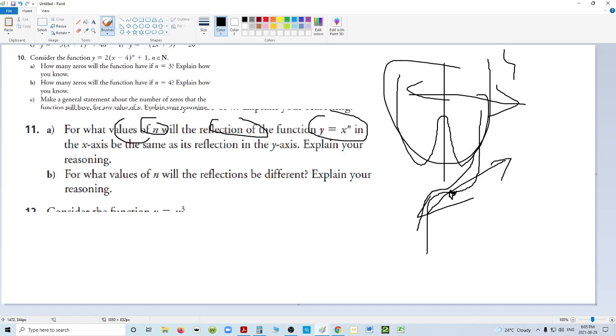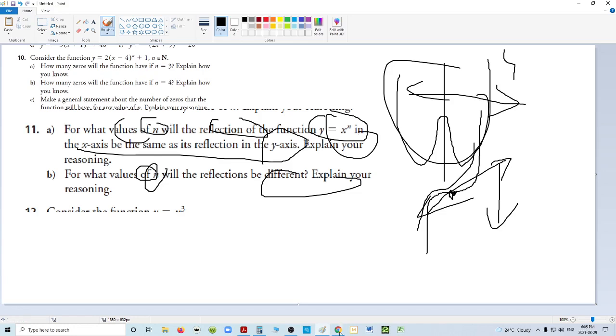If it's odd, a reflection in the y-axis will never be the same. So only even functions will have the same reflection in the y-axis, and you will never have that with an odd function. Okay, when will it be different? When it's odd. When will it be the same? When it's even. There's my answer.